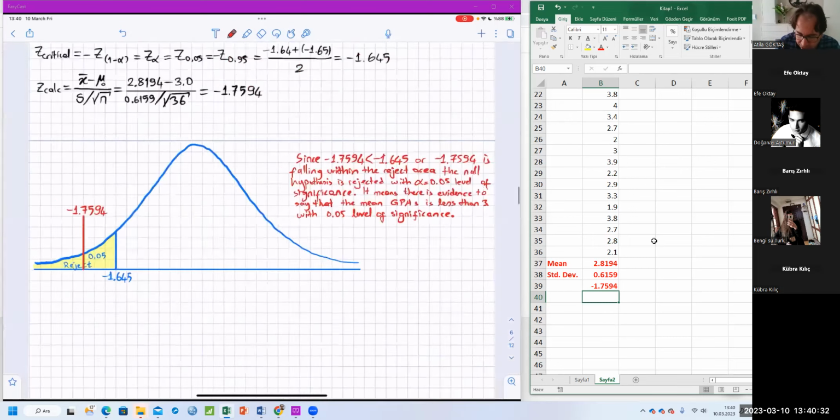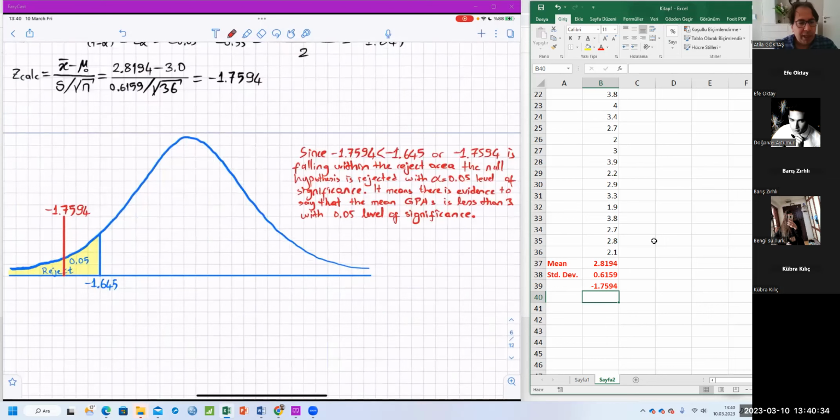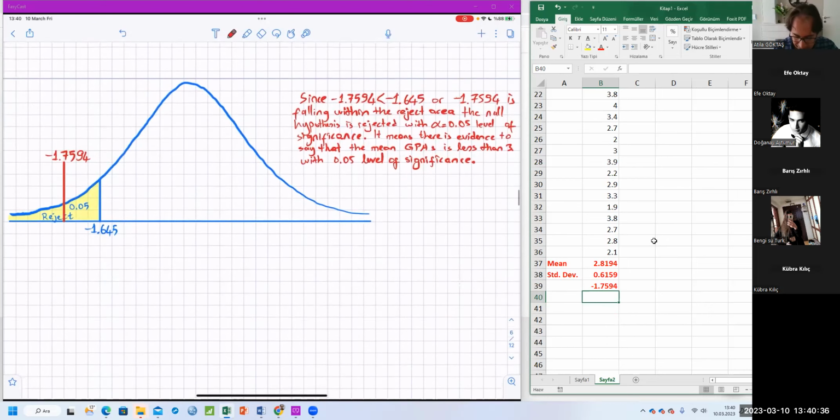Okay, that's the interpretation we can make after testing the hypothesis.